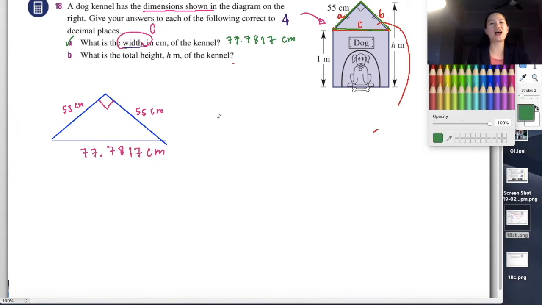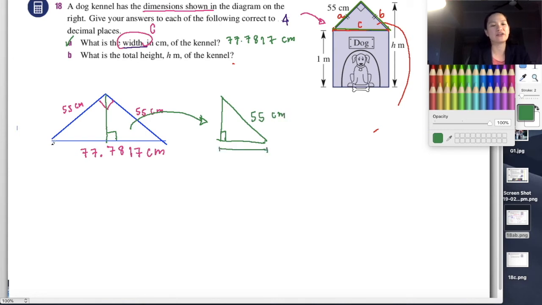I'm sorry that I told you to keep it to 4 decimals, but if you do it at university in the future, they always ask you to do 4 decimals. Okay, how about I write this one down again? I know that here the hypotenuse is 55 centimeters. Oh, I want to know just this one.